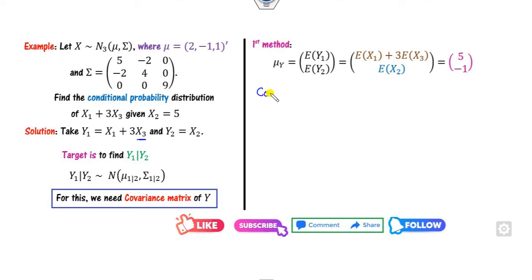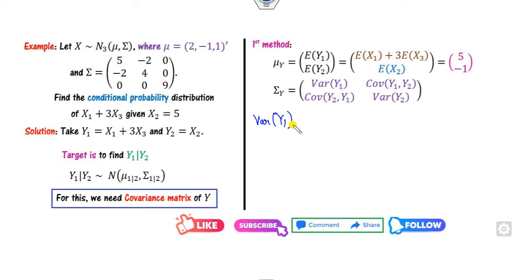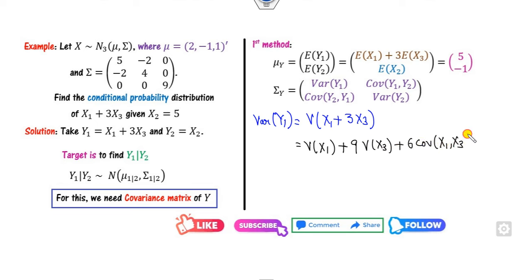Then your target is to find the covariance of y, that is y1, y2. So firstly find the variance of y1, which is x1 plus 3x3. How can you solve that? Variance of x1 plus 9, since 3 squared is 9, times the variance of x3, plus 2 times 3 times the covariance of x1, x3.